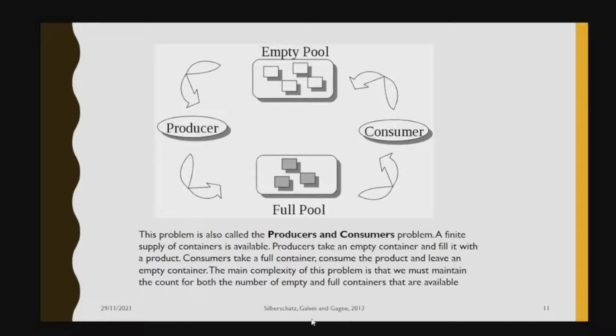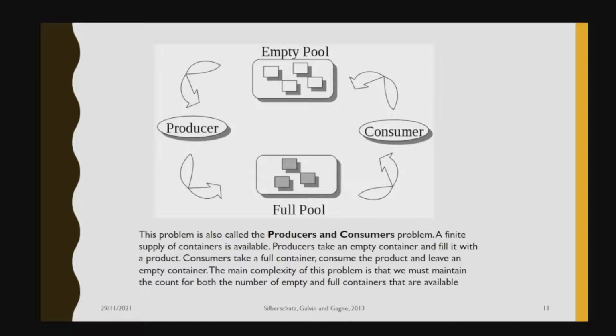It is an analogy, or you can try to imagine the producer and the consumer's part. When there's an empty container, the producer can take it and fill it with the product. Otherwise, it cannot put their product. And at the consumer part, it will take a full container, consume the product and leave an empty container.